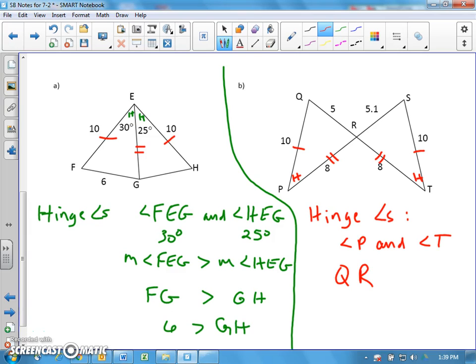The side across from angle T is the side RS. And I can see, since QR is 5 and RS is 5.1, that QR is less than RS. Using the converse of my hinge theorem, then, I would know that angle P has to be less than angle T. And those should be the measure of angle P and the measure of angle T.